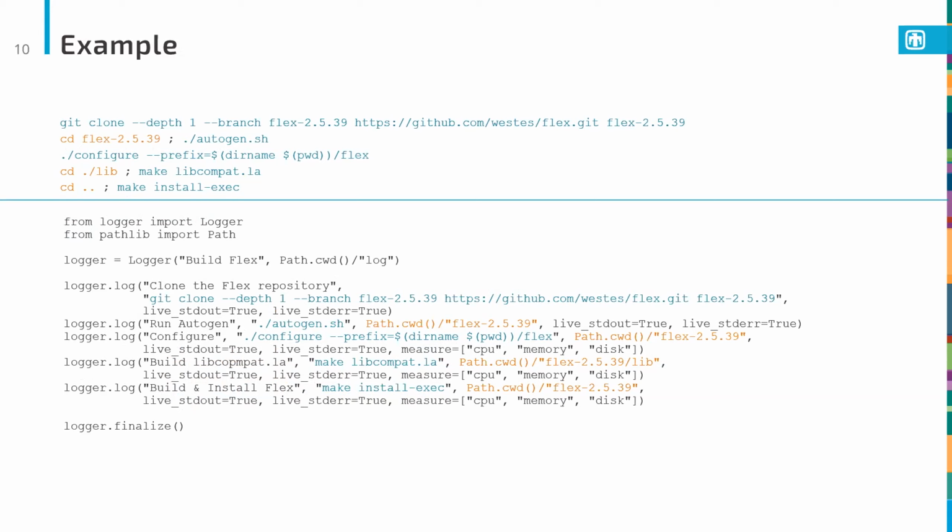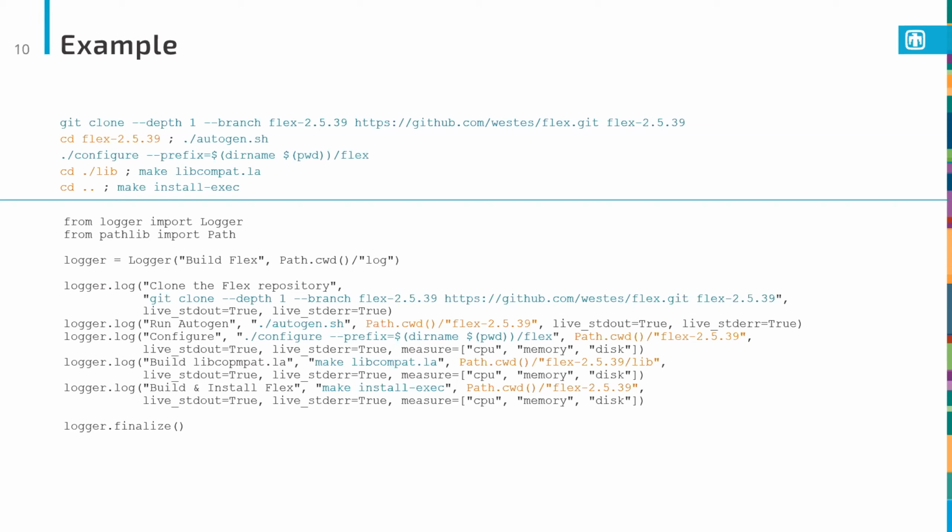Then it will build libcompat.la, and then it will build the executable files and install them. So an equivalent Logger script will have 5 calls to the Logger's log method. The first one is for cloning the Flex repository. The second one is for running autogen. The third is running configure. Fourth is building libcompat.la. And the fifth is for building and installing Flex.